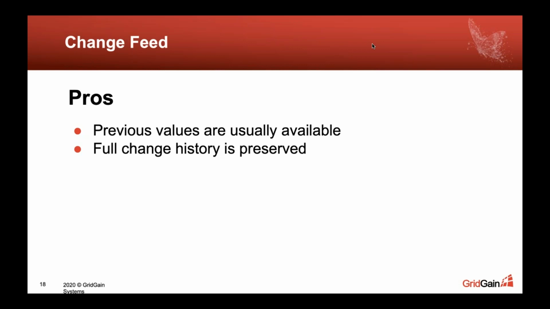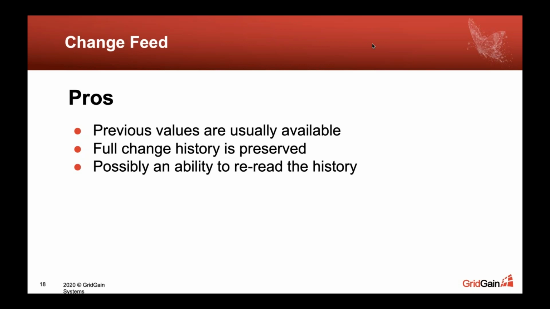If you have enough disk space, the full change history of your system may be preserved. So for example, if you have a snapshot of the data, and then you have your journal, essentially you have the whole history of your data changes since that snapshot or since the beginning of time, if you have enough disk space.